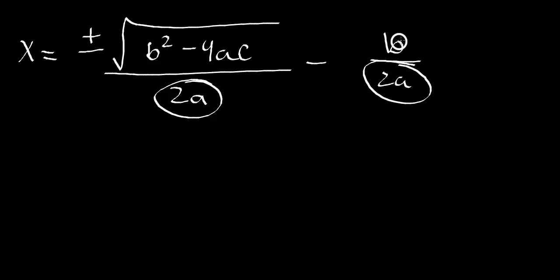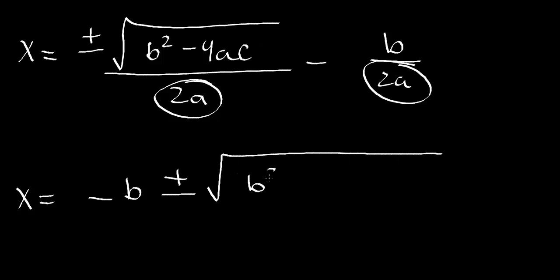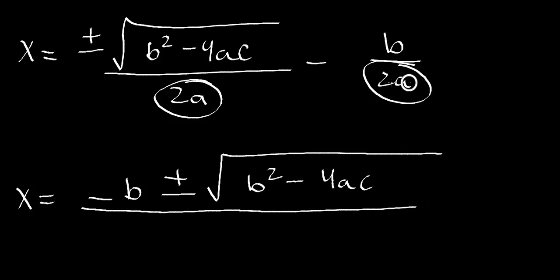And I hope you don't mind if I put this in front. So this will be the first thing, and then this will come out right after. So first I'm going to have negative b plus or minus the square root of the numerator, b squared minus 4ac. And we said we are putting it under one denominator, which is 2a.